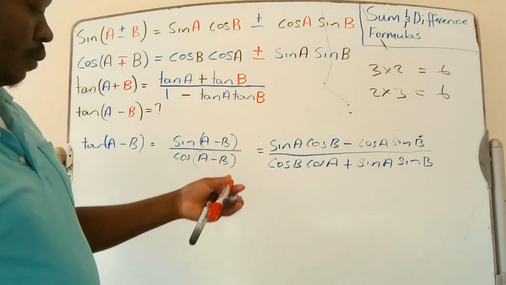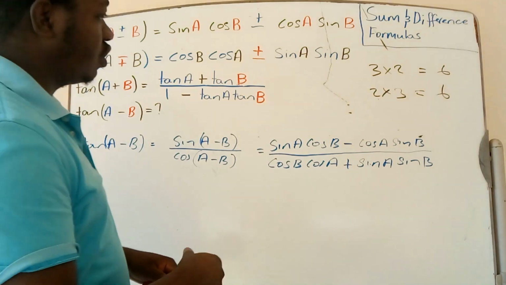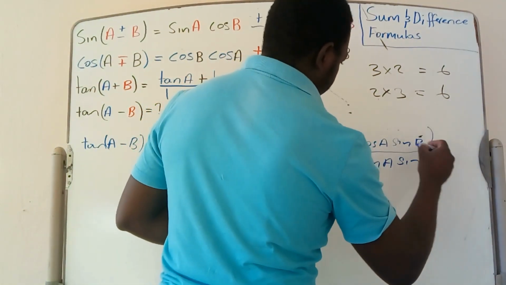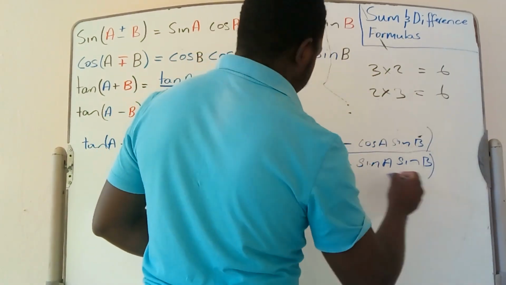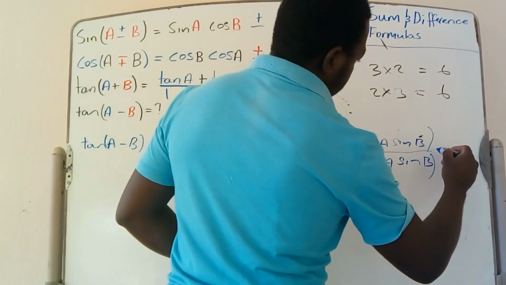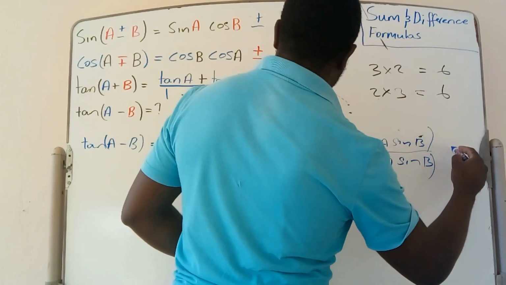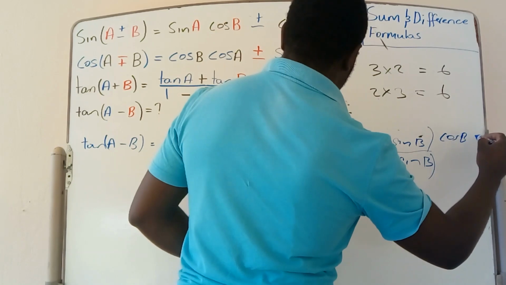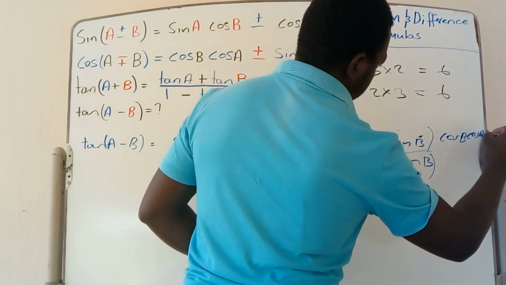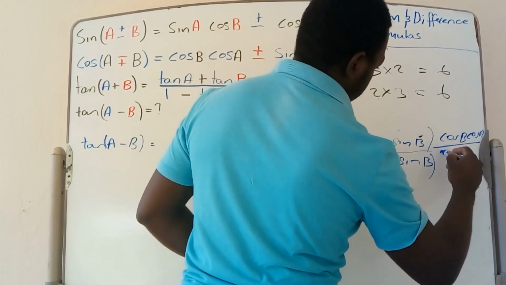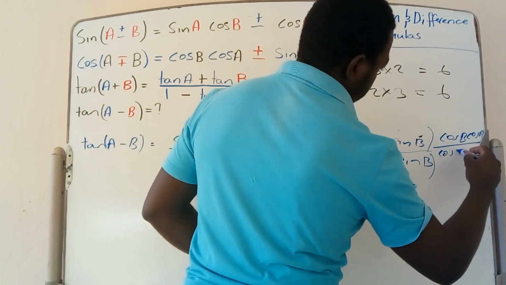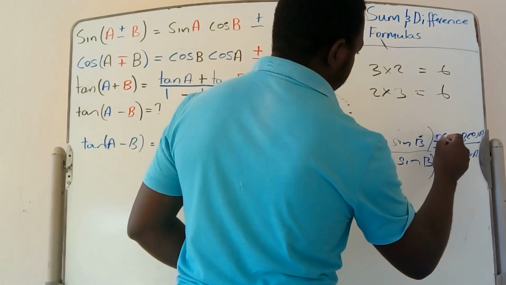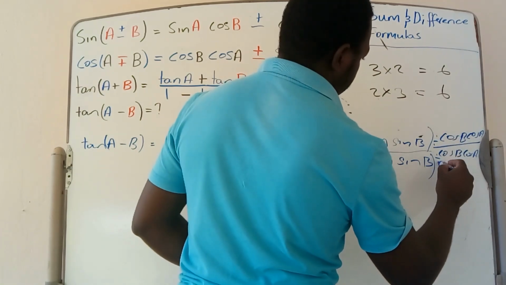If I need a 1 here, I can divide both the numerator and the denominator by cos of B cos of A. So we divide both numerator and denominator, right?